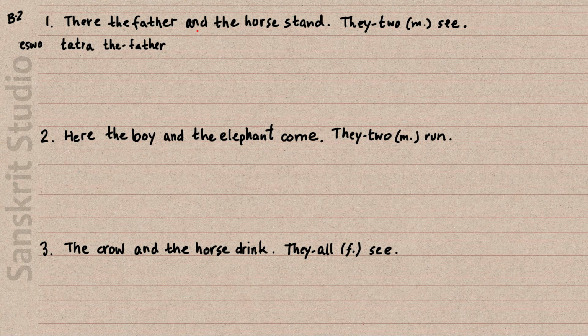What role does it play? Well, it's connecting the father and the horse. So it is a word connector, and it connects, well, the type of words it connects are nouns, father and horse, so typically nouns.